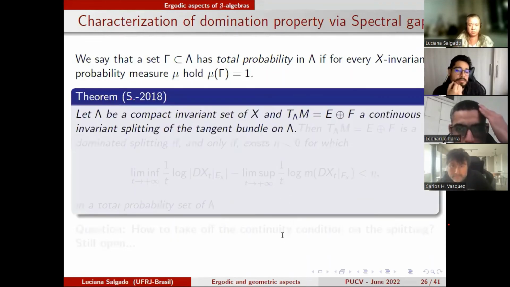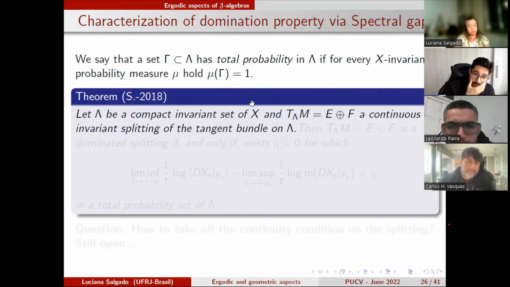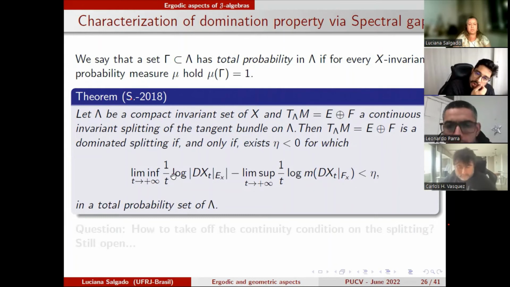Okay, so by using this, I'm able to prove the following characterization of dominated splittings based on spectral gap. Remember that a set Gamma has total probability if for every invariant probability measure mu, mu of Gamma is equal to 1. So if we have a continuous invariant splitting of the tangent bundle on a compact set Lambda for a C1 vector field X, then it is dominated if and only if there exists a negative number eta for which the limit inf of this minus the limit sup of this one is less than eta, which is less than 0, in a total probability set.